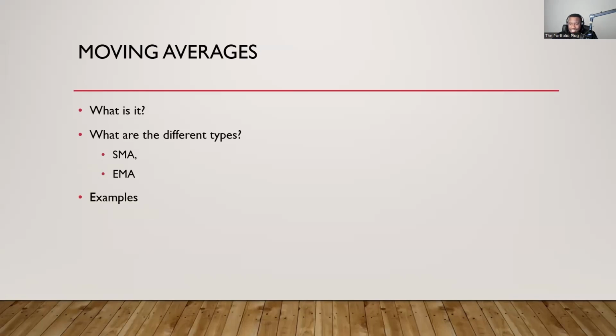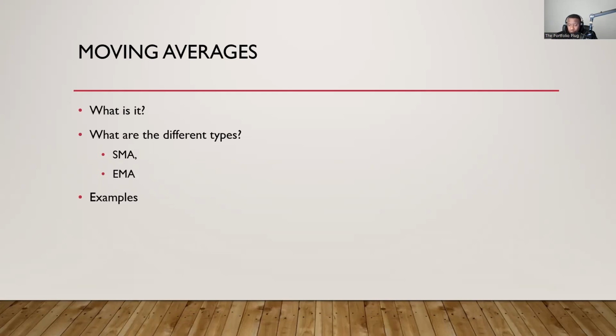It's a constantly updated average price, whether it's a 50-day, 100-day, or 200-day. So it's constantly updating, and that gives you the average price over that period of time. It helps to identify the trend direction of the stock. So that's what you want to use moving averages for.